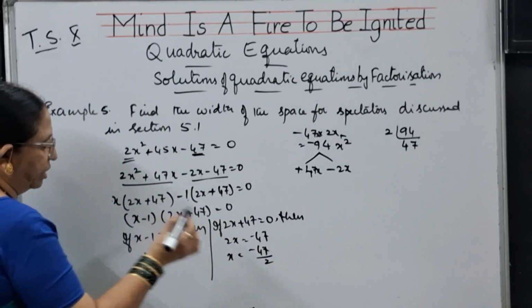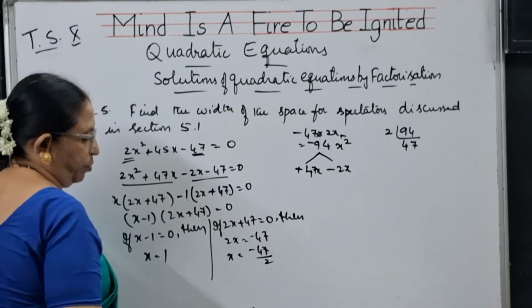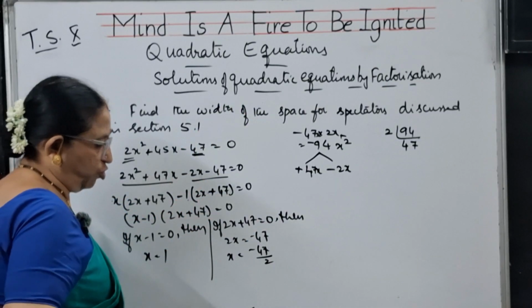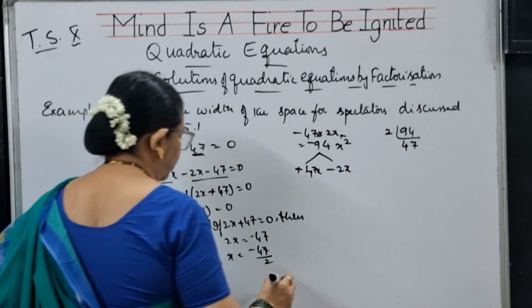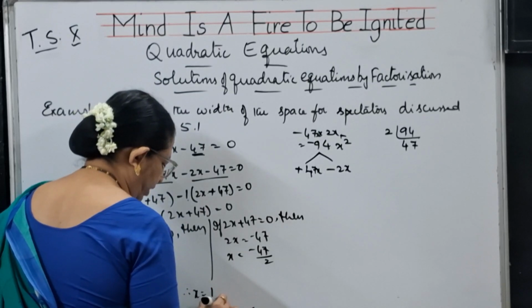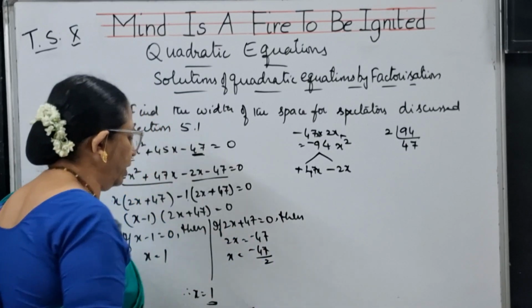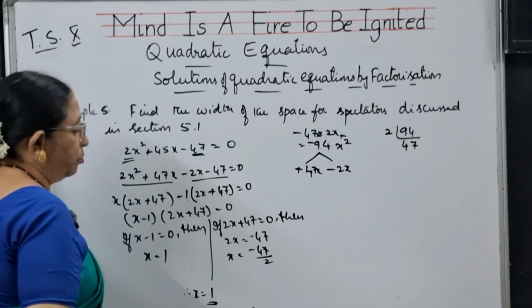So here one is a positive value, one is a negative value. Now the question is the width of the space. So the width of the space should be positive. It should not be negative. So we have to take the x value as 1 only. We are not supposed to take negative because width is always positive.